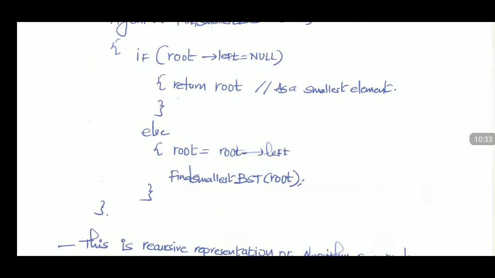If it is not, meaning root left is not null, then root is equal to root left, meaning we move down to the leftmost portion. We change our root to the root of the left subtree, and that is passed recursively to the find smallest BST algorithm.